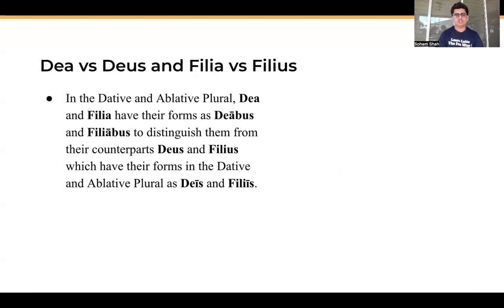It's there to distinguish between the counterparts deus and filius, because if we didn't have these irregular forms, we could be extremely easily confused if filiis refers to a daughter or a group of daughters or a group of sons. That's why we have irregular forms for deabus and filiabus for the feminine side.